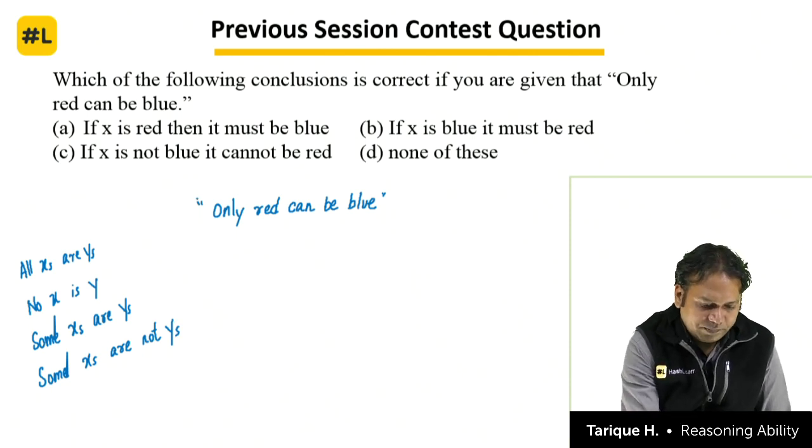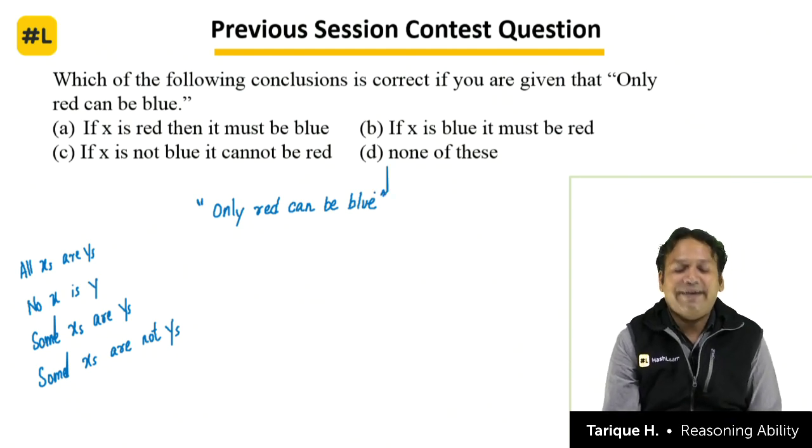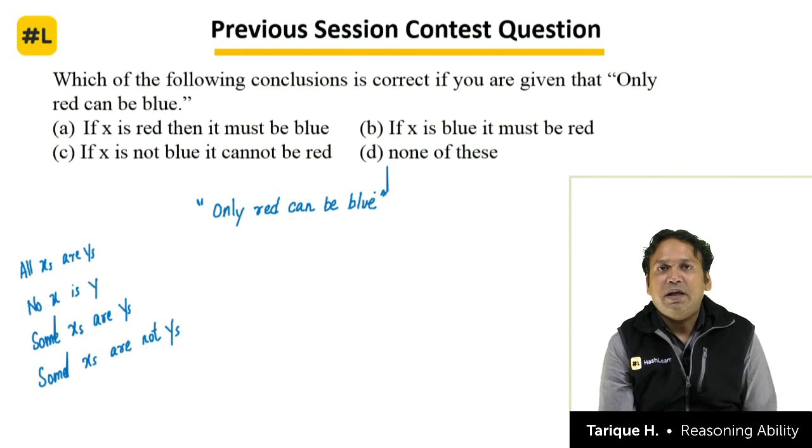Now think about it, which categorical proposition does the statement "only red can be blue" look like?